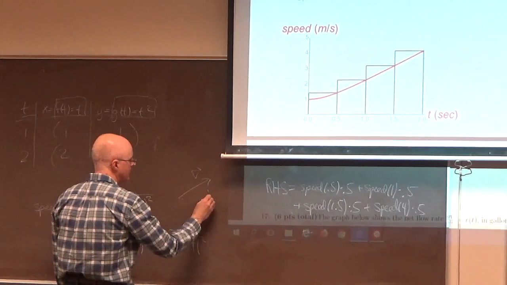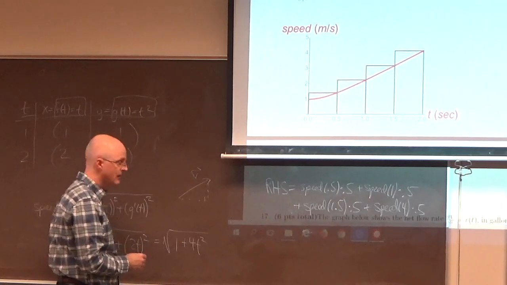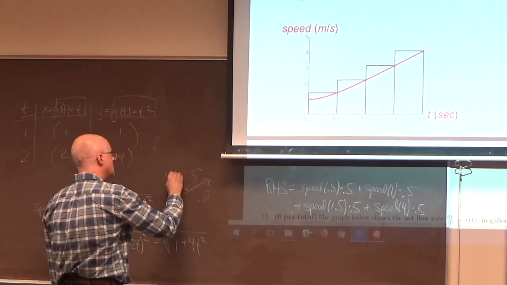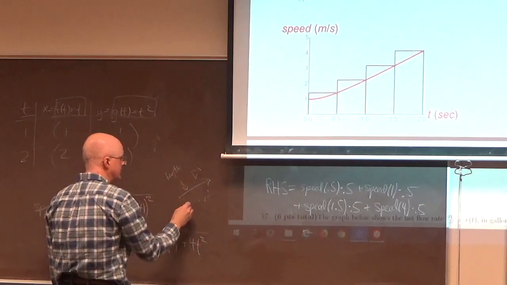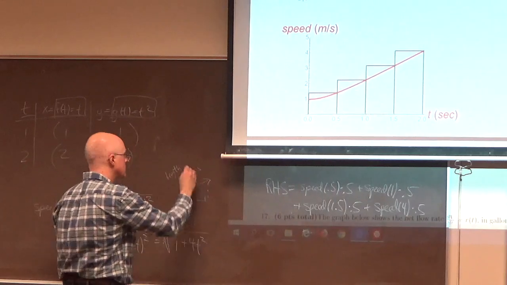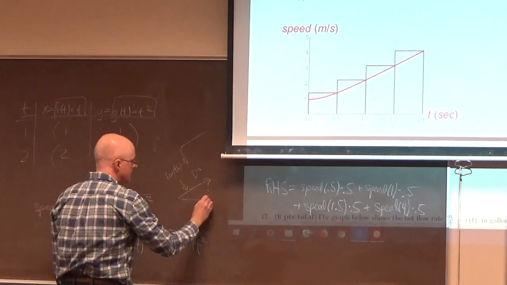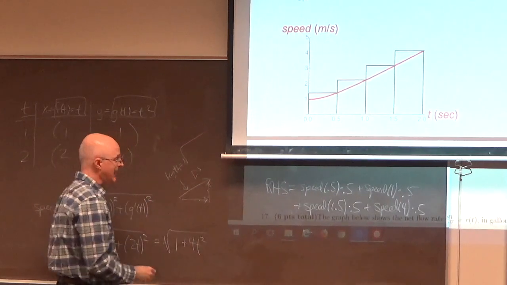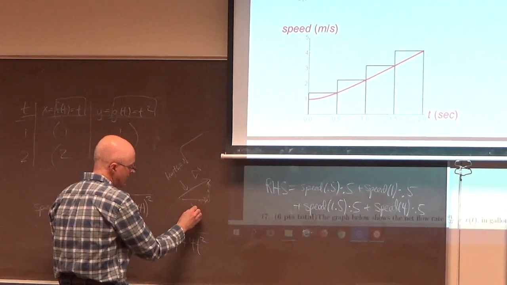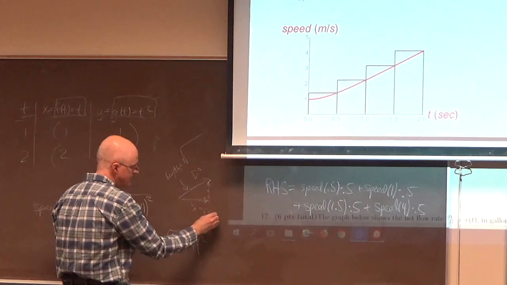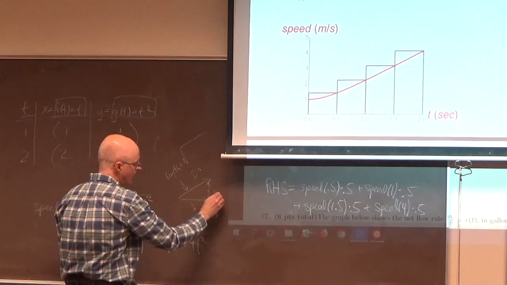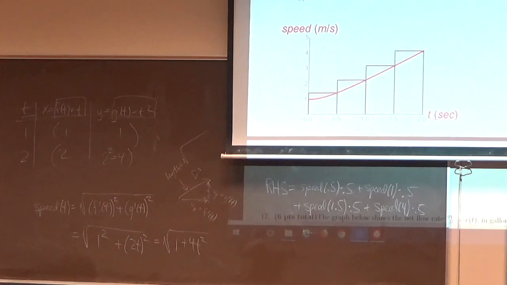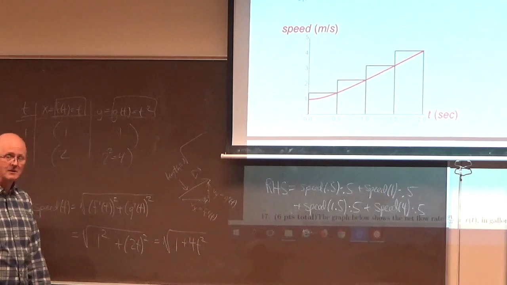And from the Pythagorean theorem, that means its length will be the square root of the square of the length of this side plus the square of the length of this side. And I did say this is the velocity in the x direction, which is f prime of t, and this is the velocity in the y direction, which is g prime of t.